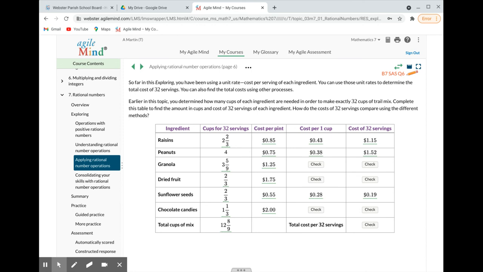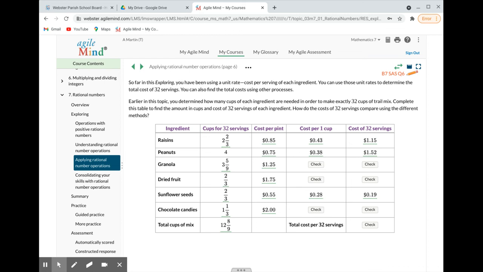Read this for us, please, Deonti. So far in this exploring, you have been using the unit rate cost per servings of each ingredient. You use those unit rates to determine the cost of 32 servings. You can also find the total cost of other progressions.